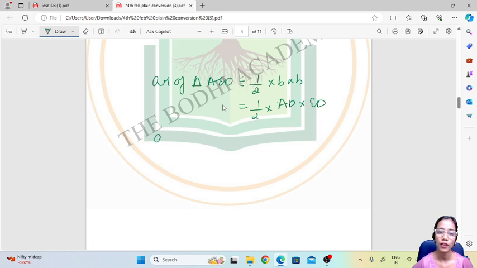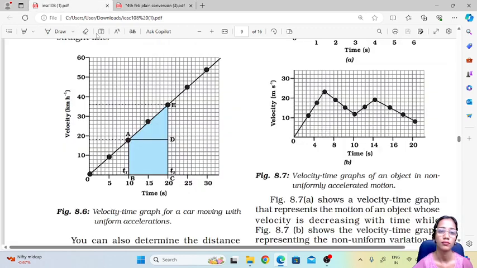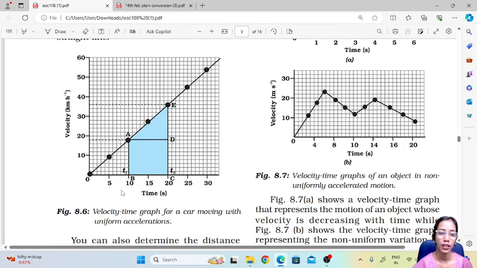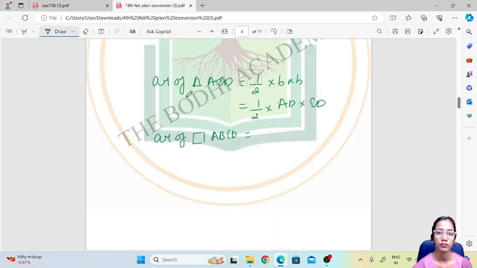Now you have to find the area of rectangle ABCD, which is AB into BC. And then add all this.